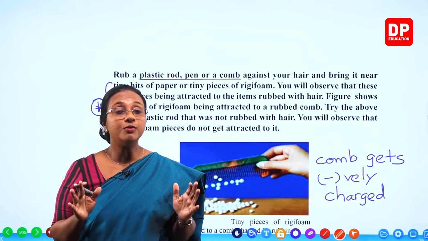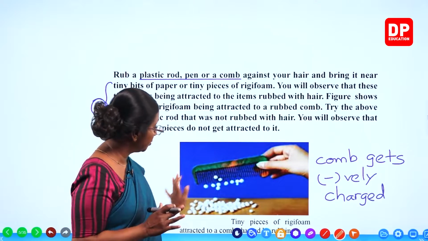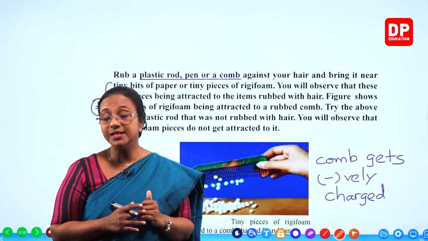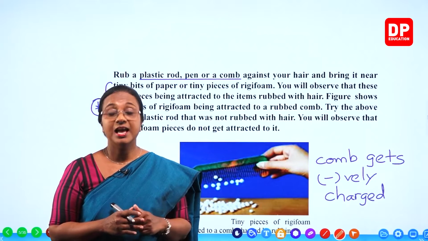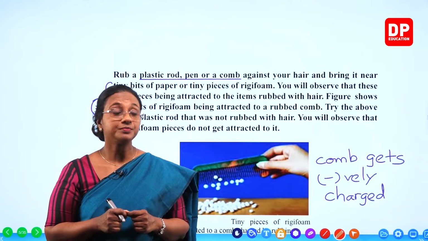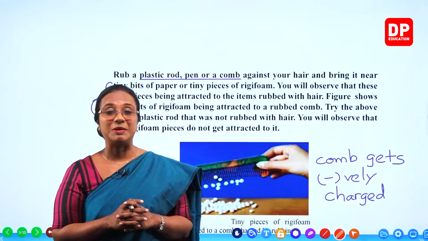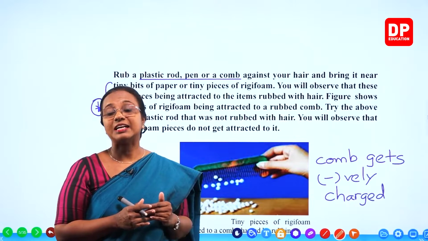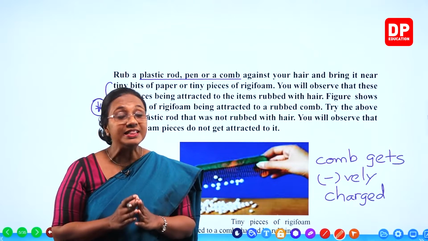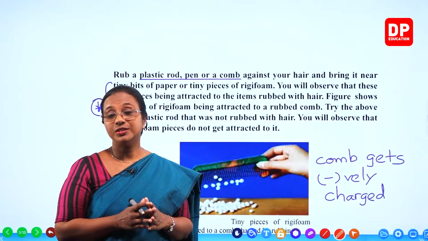So they can flow, but normally as you rub it, they are static, they don't move. That is why we call it static electricity until they are in contact with another object. I'm sure you all can remember that because you have done similar activities in your smaller grades also. So with that, I'm going to move on to the next slide.